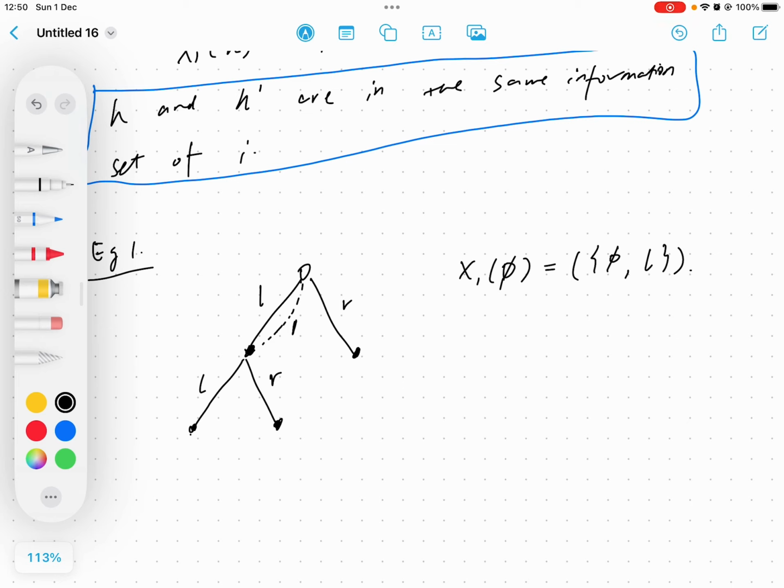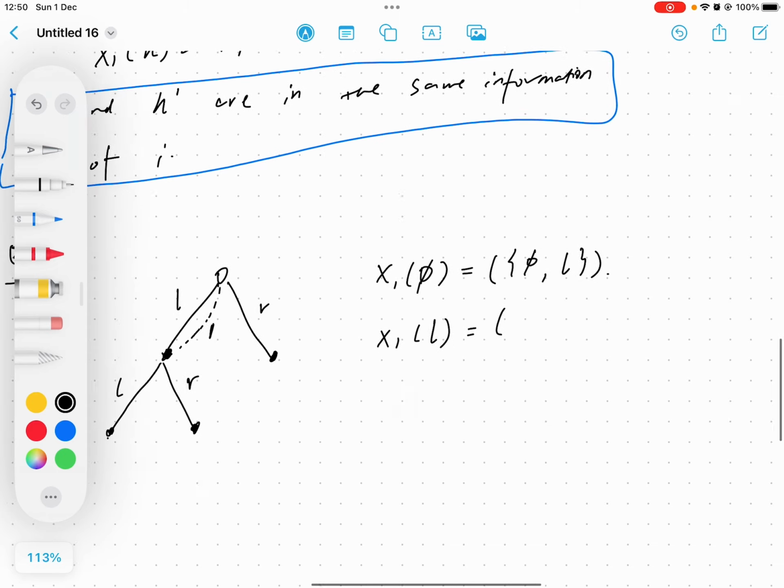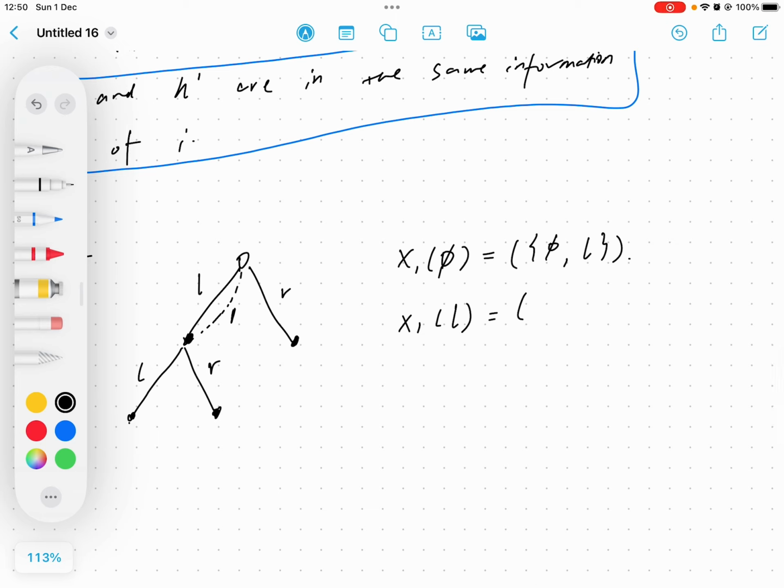Okay, and then after playing L, this x function gives something more, right? So there will be two information sets and one action L, right? So empty and L, this will be the first information set when this game was in the beginning, right? And then some action L following that.